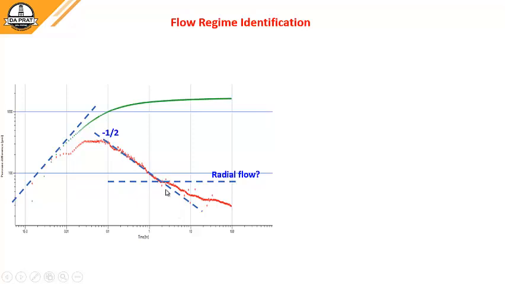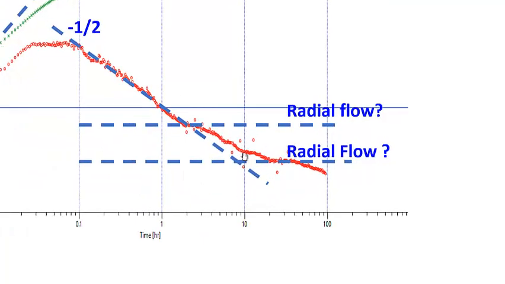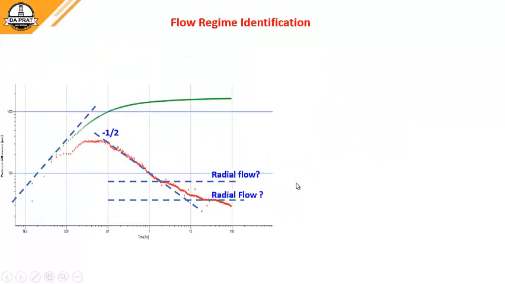Then if it is a spherical flow, over here we may say, well, now we go to the radial flow. Is this the radial flow and then a transition to another radial flow, or is this something else, another type of flow regime, which is the main idea of what we're going to deal with in this test.